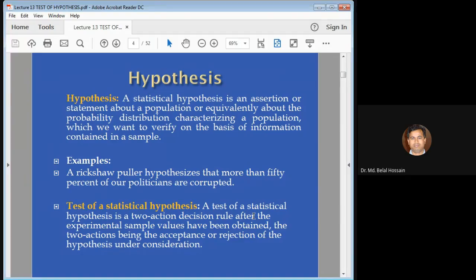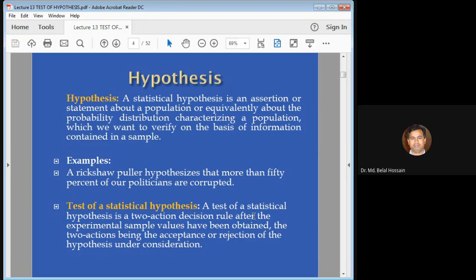So if you claim something about that population, that is a hypothesis, about the probability distribution characterizing a population, which I want to verify on the basis of information contained in a data. So sometimes the population is represented by a probability distribution. If you make a claim about that probability distribution, that is also your hypothesis.